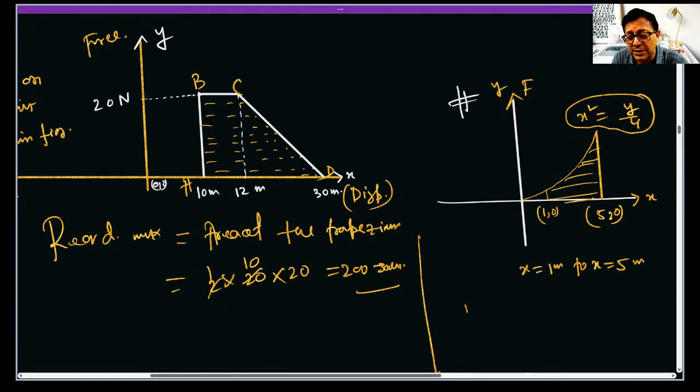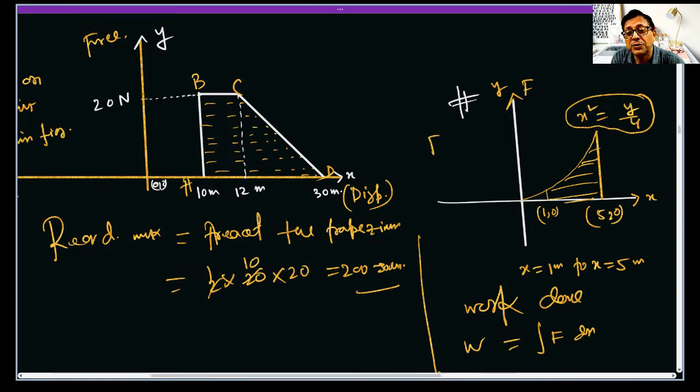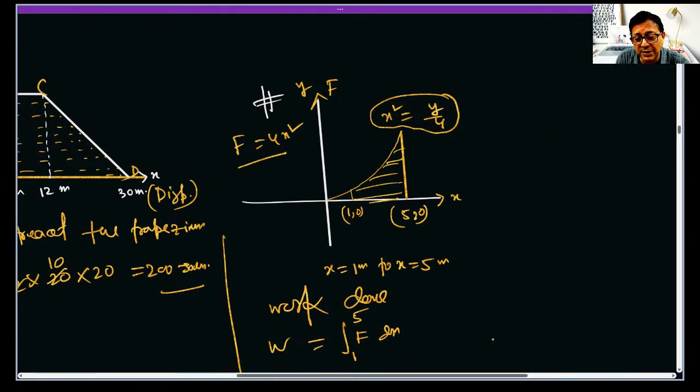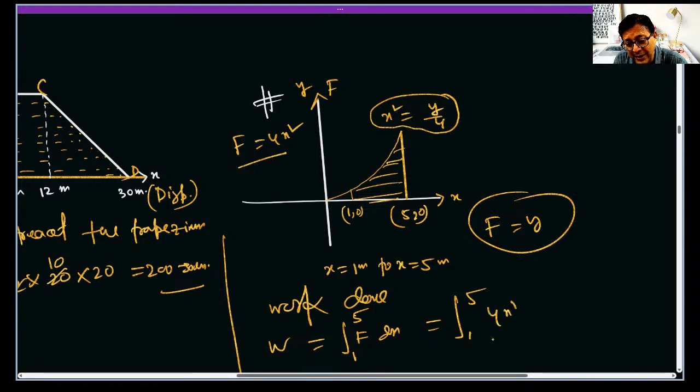So how do I account for this? Work done will be W equal to integral of F into dx. Here y plays the role of F. So F is what? 4x squared. They have given this equation and you should integrate from 1 to 5. So this is coming to be, from 1 to 5, F is y, y is 4x square, so F is also 4x square dx. Understood?